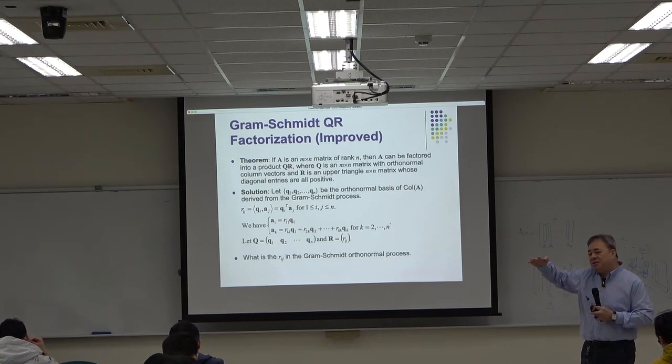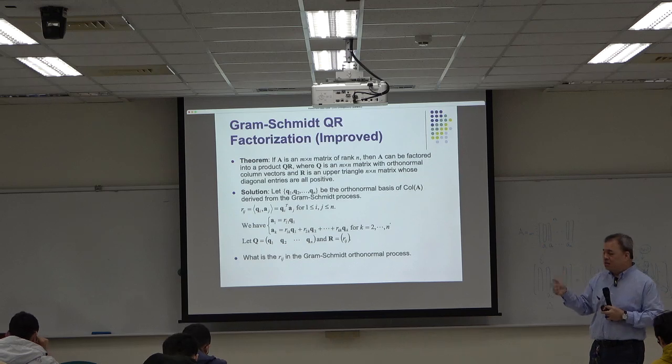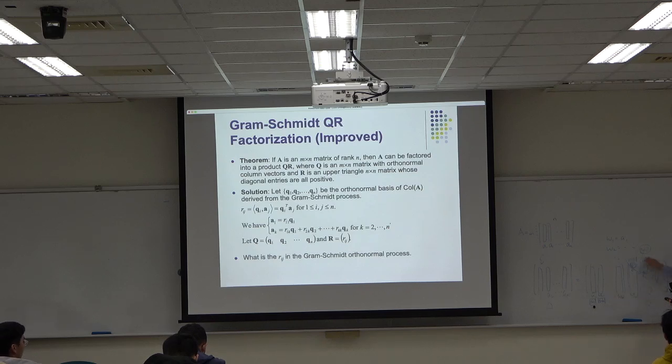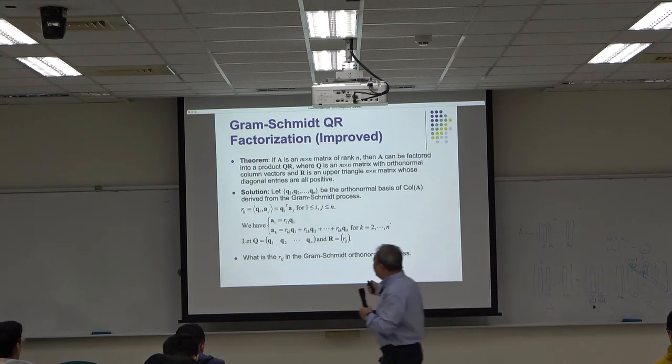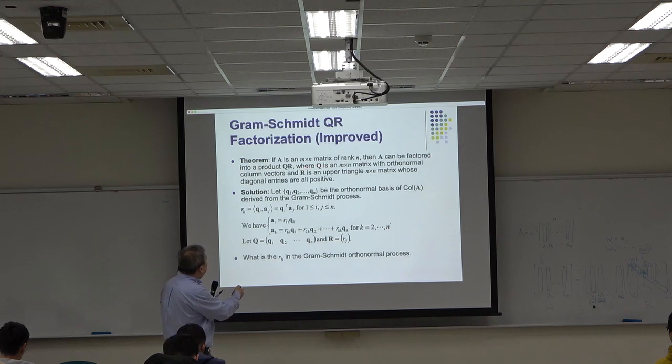So you need to divide by the length of their column vectors. These lengths are multiplied into each column of the diagonal matrix, which still guarantees that R is an upper triangular n times n matrix.